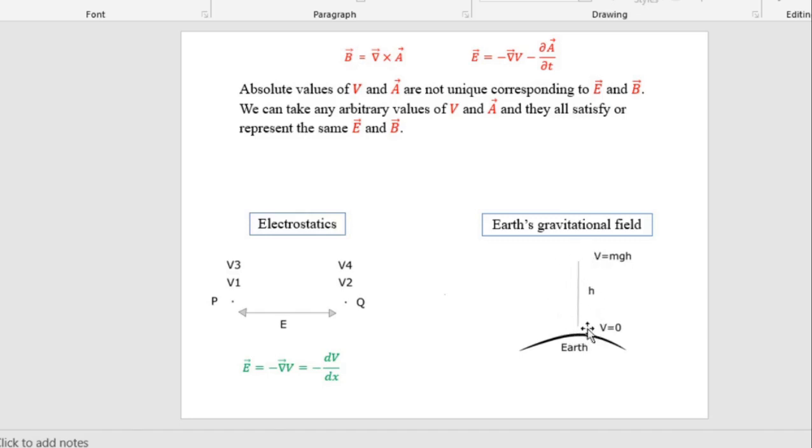That means the potential energy at height h will always remain the same as mg h. That means the choice of this absolute value of the potential has no effect on the physical gravitational field. We can choose any arbitrary value of the potential energy and the gravitational physical field will remain the same, it will not change.